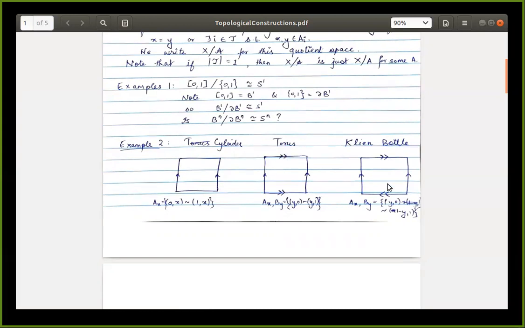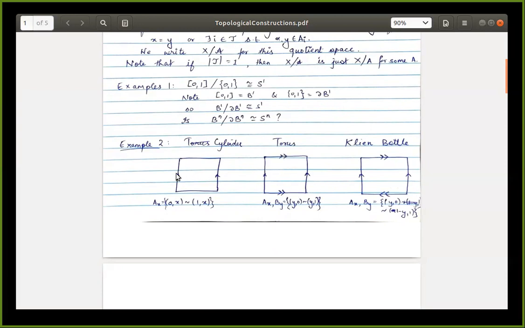But if you invert the directions and then identify, which means this point gets identified with this point here, and so on, then what you get is a Klein bottle. Whereas in the torus you were identifying this point with this point, this point with this point, and so on.